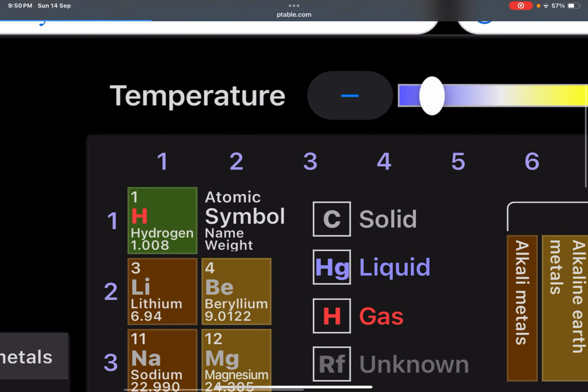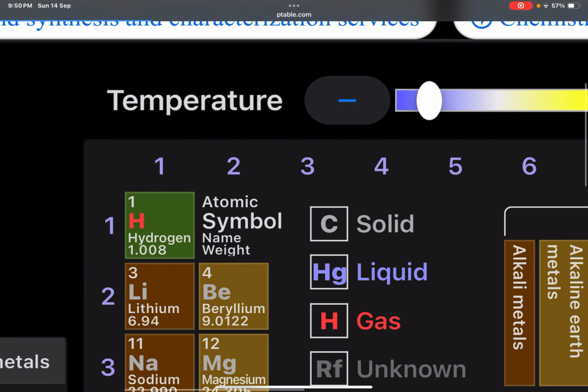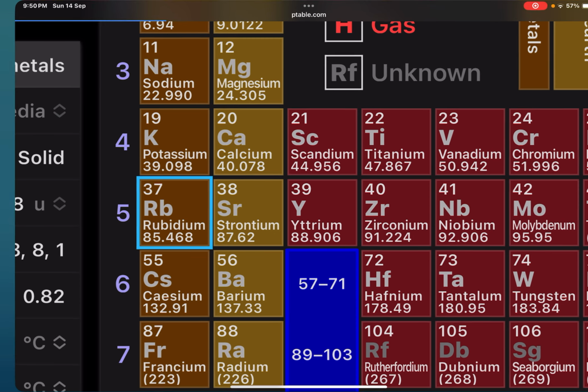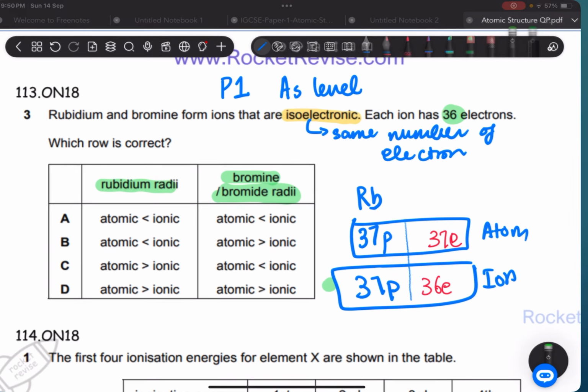In the last shell, it has one electron because it is in group 1. So when we lose that one electron from period 5, we shift towards period 4. A rubidium ion is going to have 4 shells because the 5th shell that contained the one electron is lost.